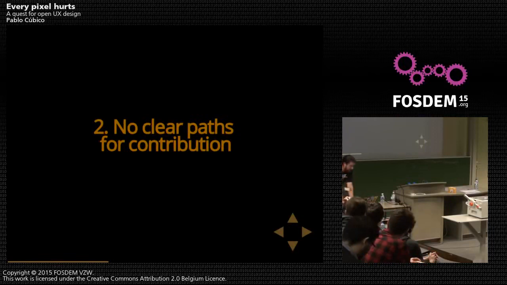But as developers don't know how to integrate design into that flow, sometimes there are no clear paths. You just find some issue tracker with some UI bugs to solve, and most of the time they are just minor UI bugs, like this button looks weird, these things are not aligned and stuff.